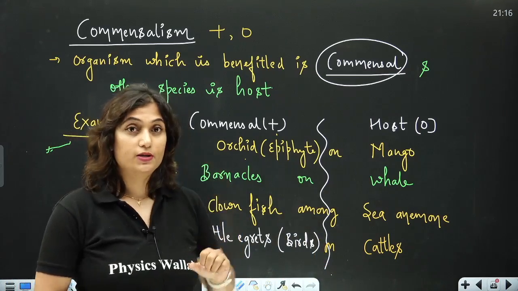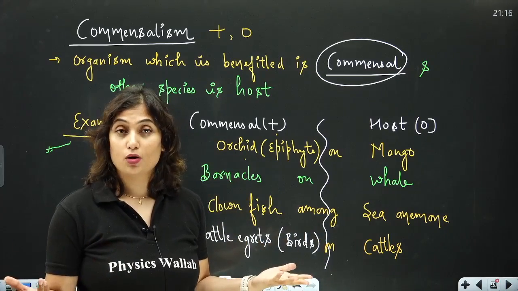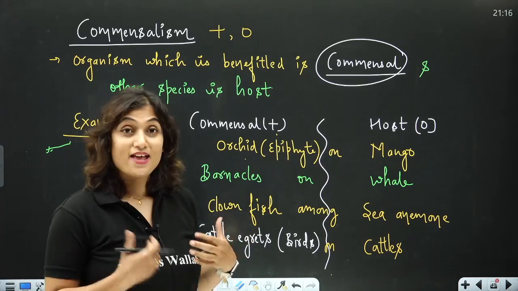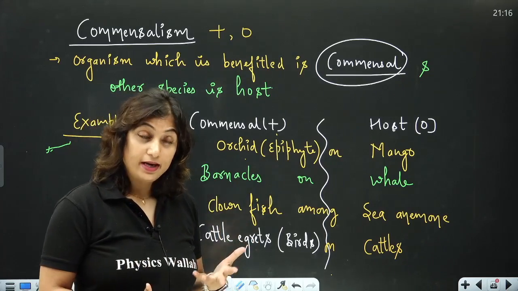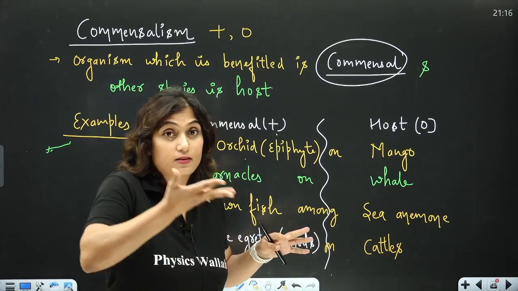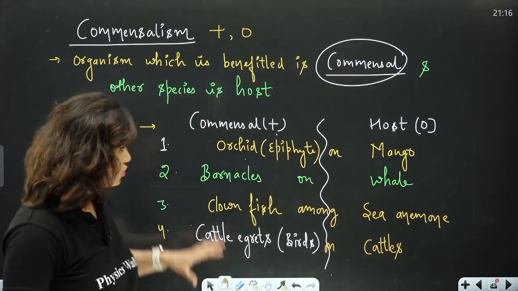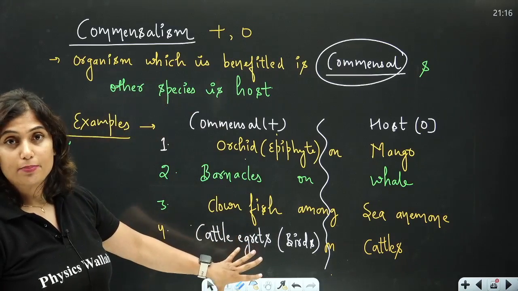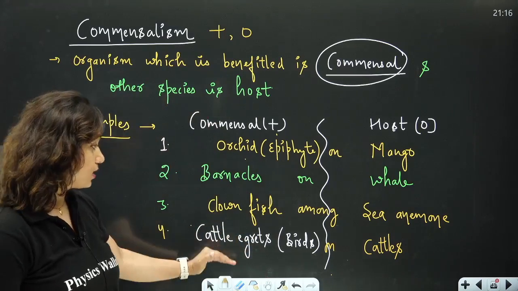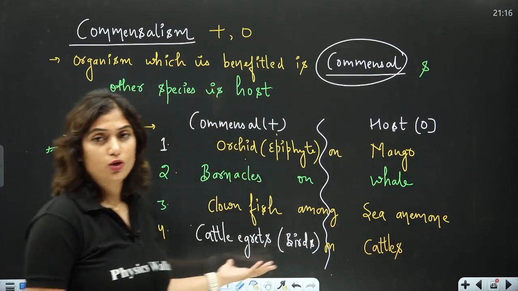These are small birds found on the back of cattle. Cattle are neither benefited nor harmed, but these birds get the benefit. Why? Because when the cattle walk in the grasses, the insects fly, and these birds take those insects. So these four are the important examples of commensalism, where these are commensals and these are the hosts which are neither benefited nor harmed. So a direct question comes.